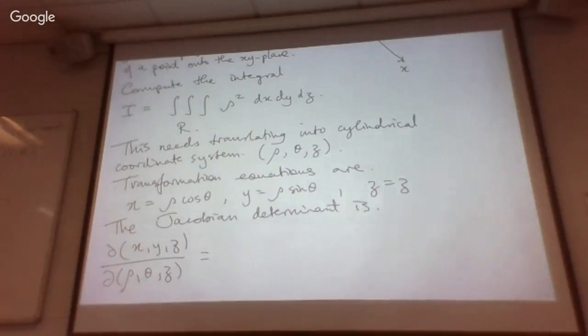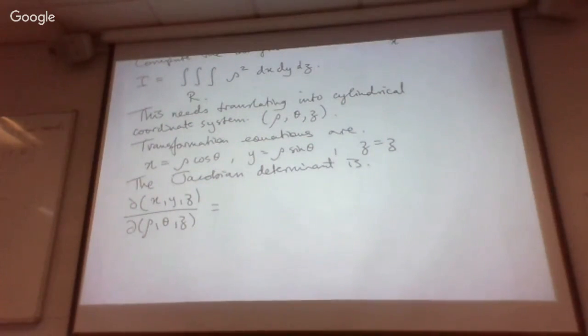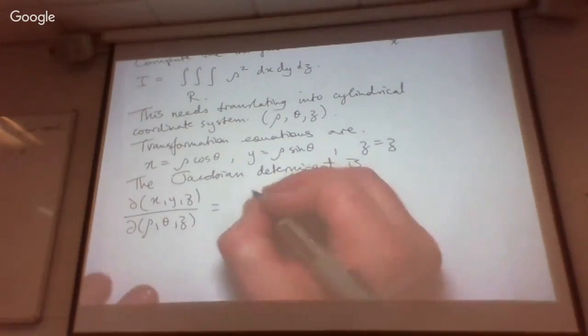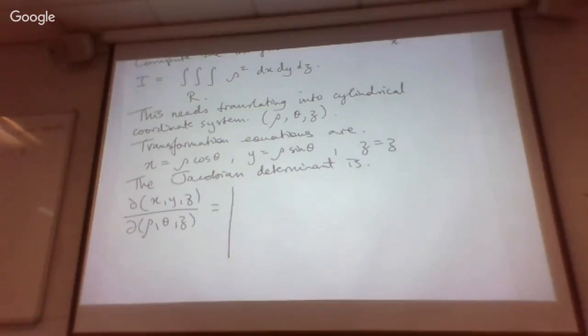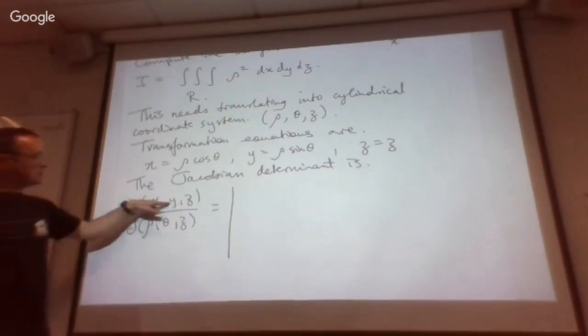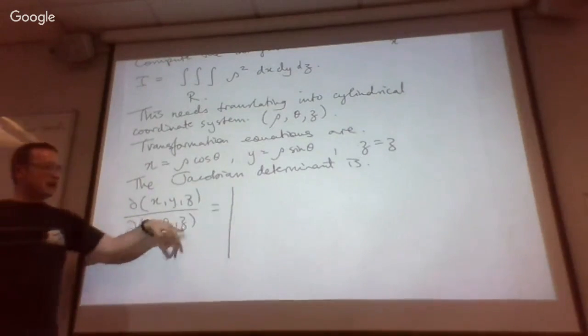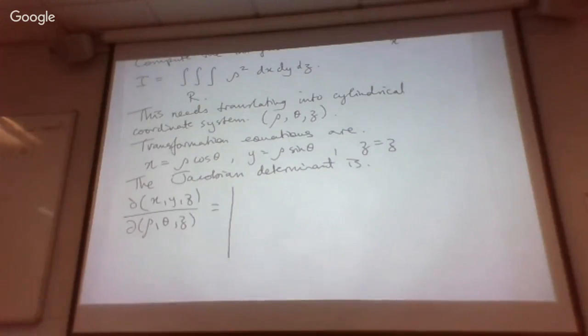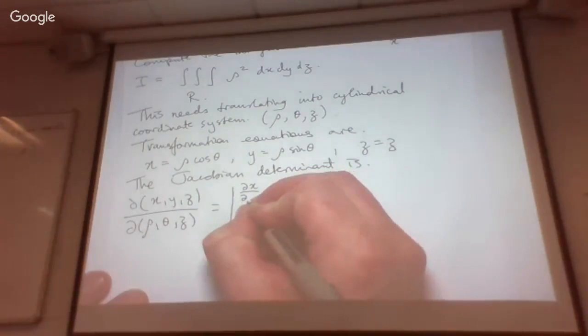This is going to be the determinant of the 3x3 matrix of partial derivatives. The old variables index the rows, and the new variables index the columns, and you've got all the various partial derivatives there, the old coordinates with respect to the new ones.